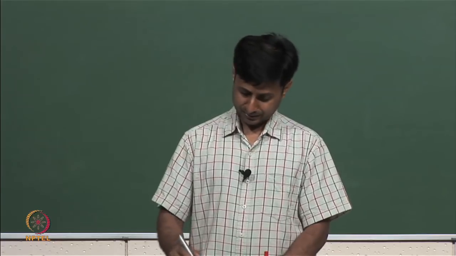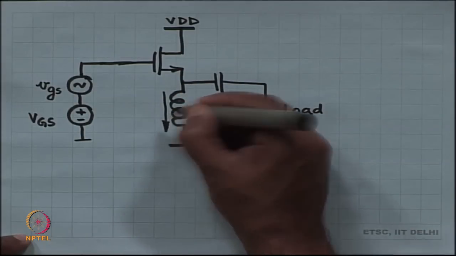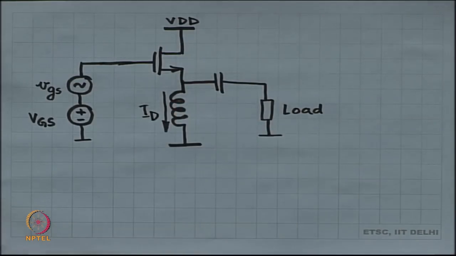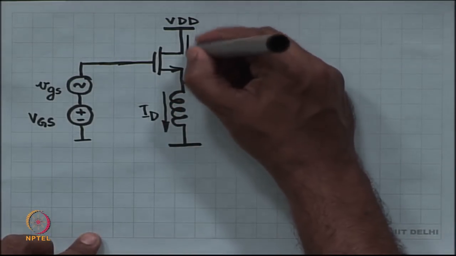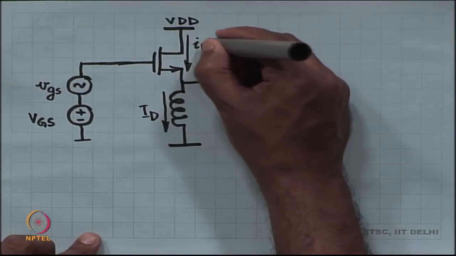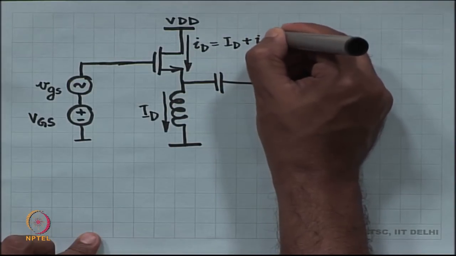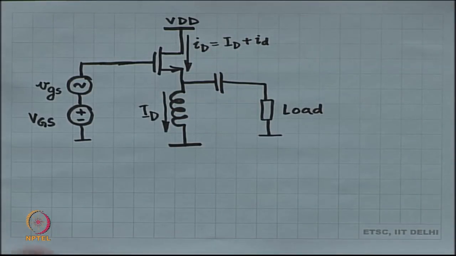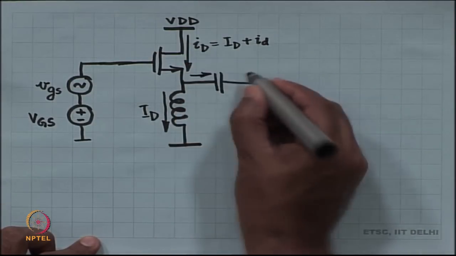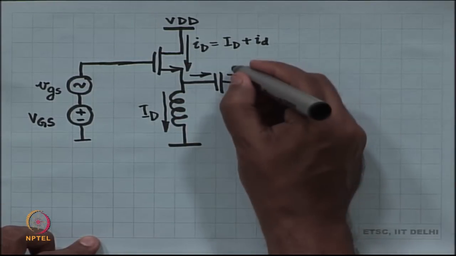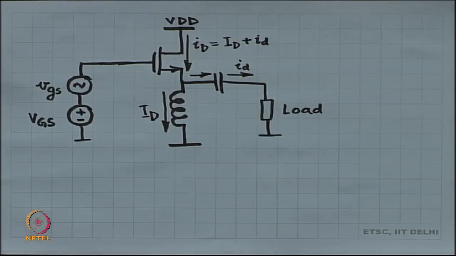design as before, right. This is going to take a current capital ID. The current over here is small i sub capital D, which is the superposition of capital ID and small i small d, and the current going through the capacitor is only small i small d, fine. And then now it is not the drain voltage anymore, now it is the source voltage.